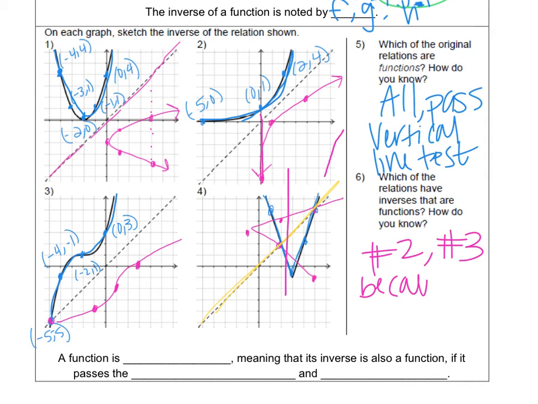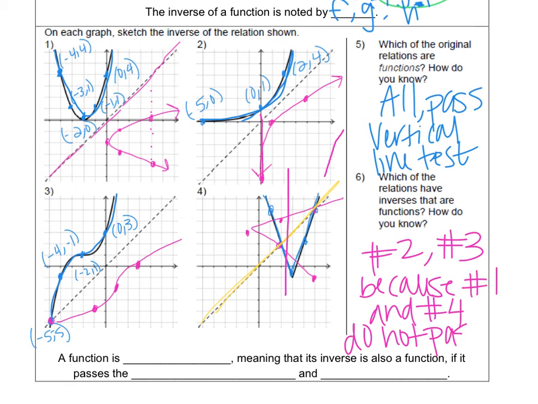Because numbers 1 and 4 do not pass the vertical line test, which I'm abbreviating VLT.